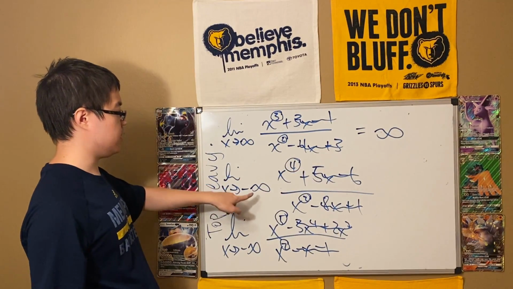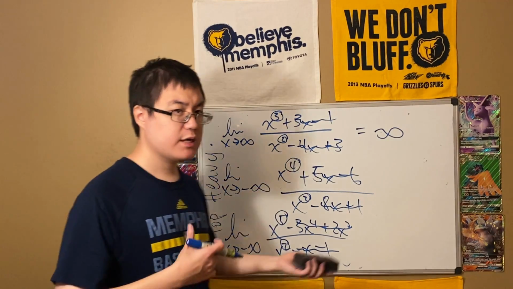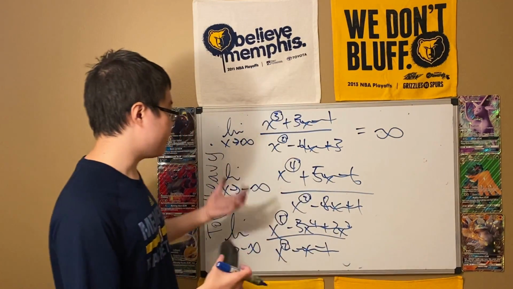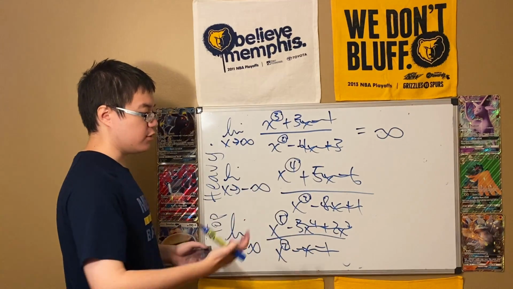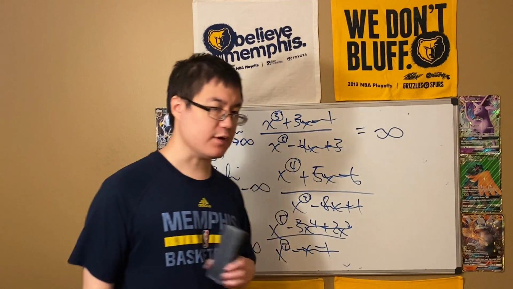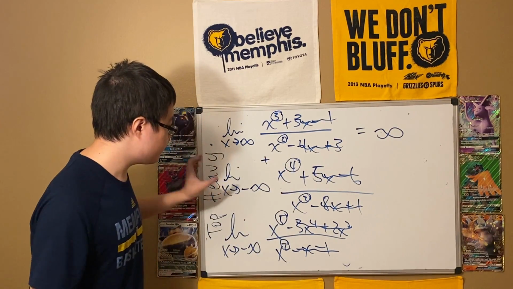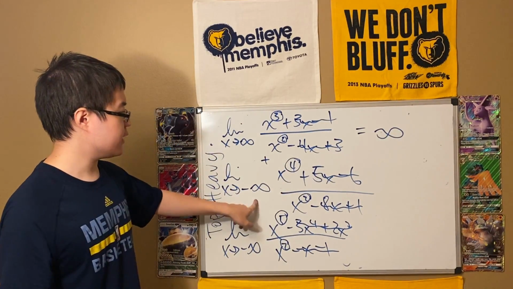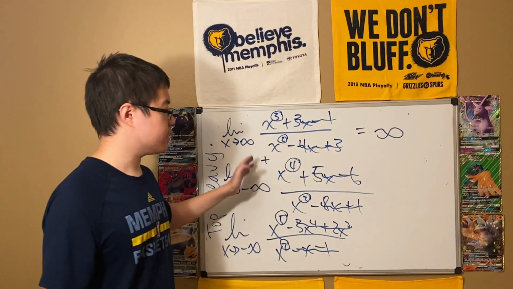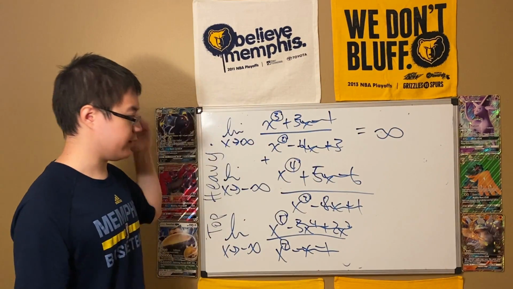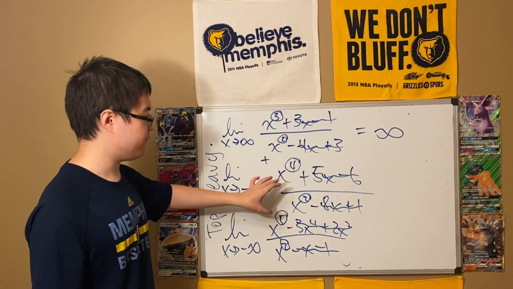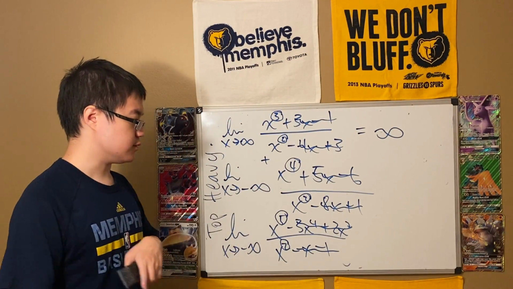So let's see what happens when you plug in negative infinity. When you raise that to the fourth, negative 1 to the fourth is going to be even, so all of this is going to be positive. When you take the limit as x goes to negative infinity of this polynomial, the entire thing is going to be positive infinity, because when you raise that thing to the fourth, that negative cancels out.